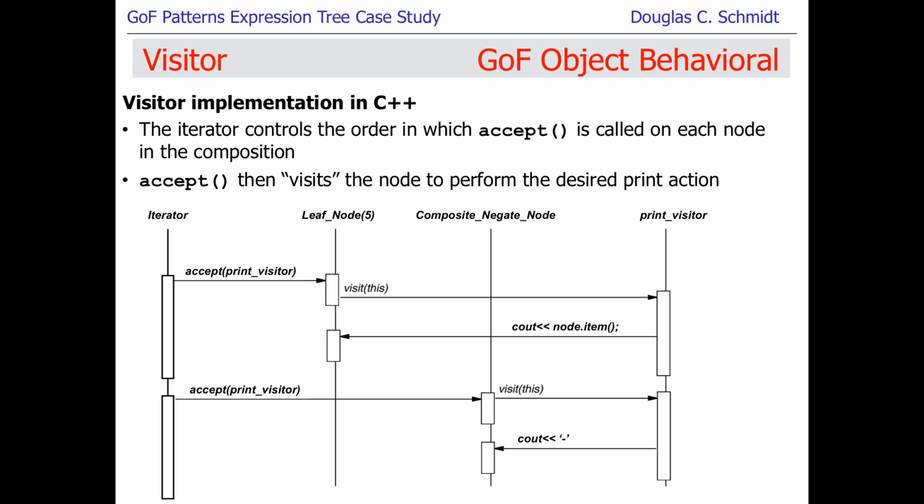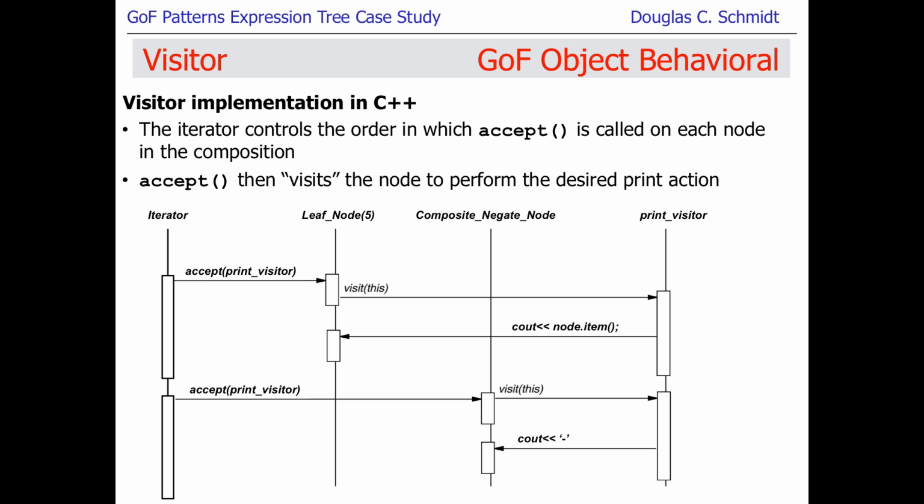So print visitor is supposed to be able to implement these actions. We had a code snippet earlier. Why does it have this visit function declared virtual? The reason you need the visit function declared virtual is because you're going to subclass from visitor in order to change the kinds of actions that are performed wholesale. So we're going to have a print visitor, an evaluation visitor.